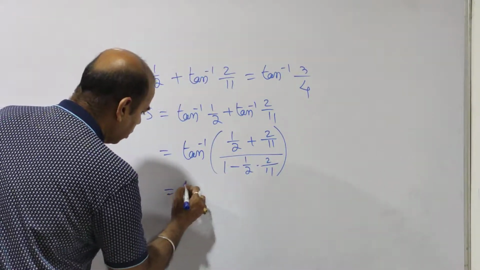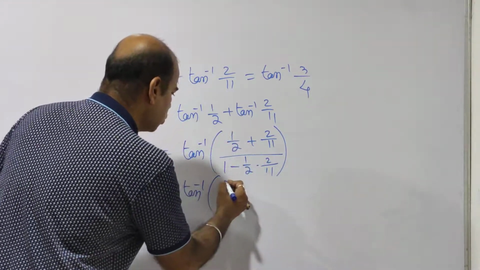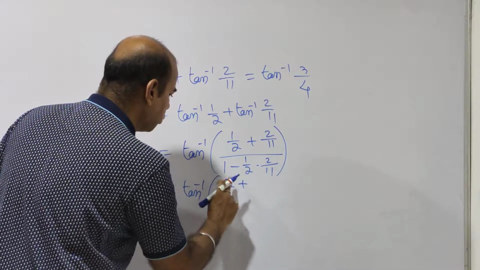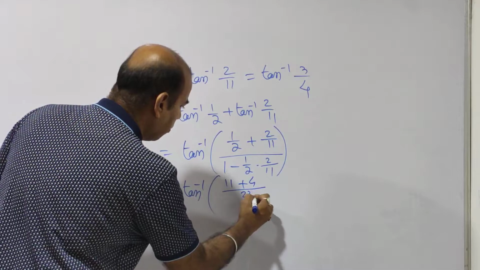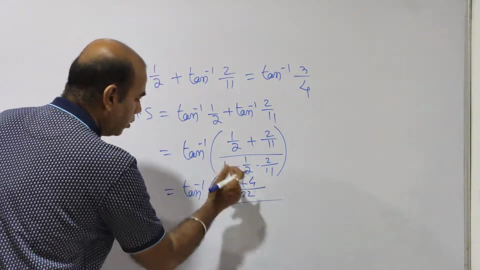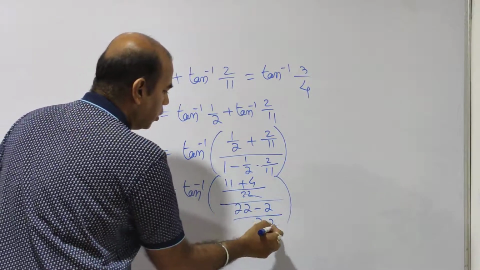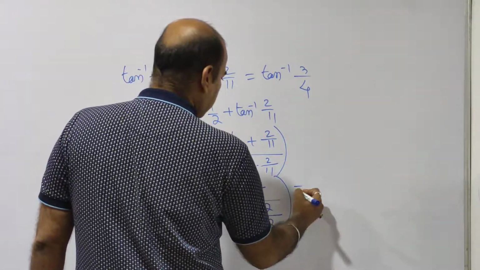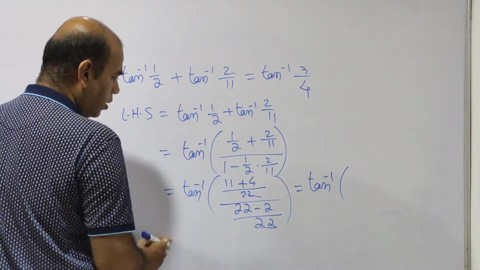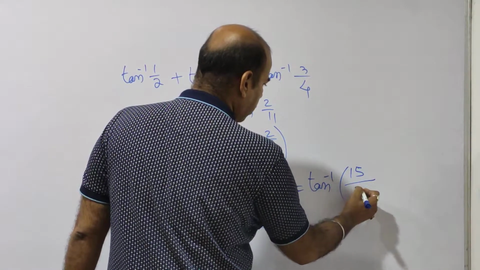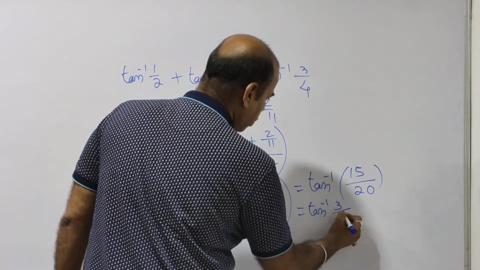That means if I take LCM, it is 11 plus 4 by 22, over 22 minus 2 by 22. So 22 and 22 cut. I'm getting now 15 by 20, which is tan inverse 3 by 4.